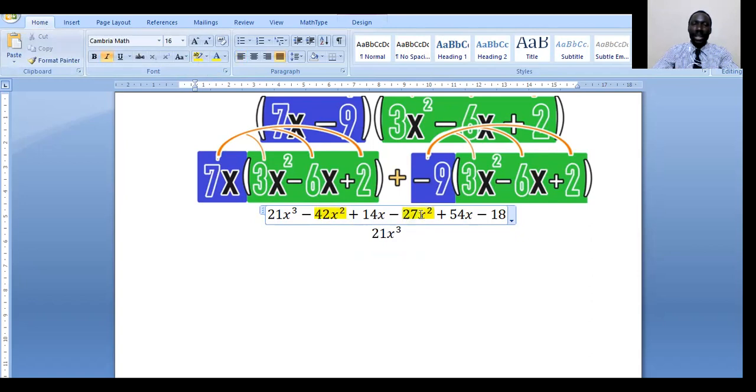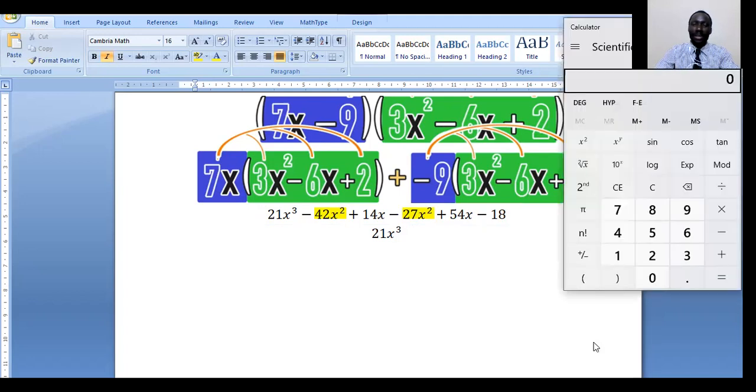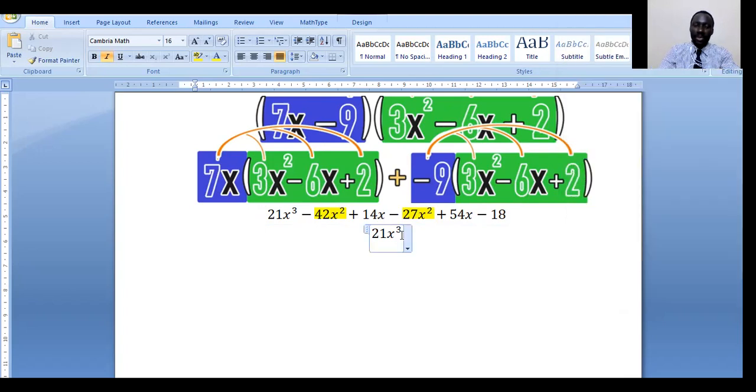What that means is we can add their coefficients. How do we do that? Well, we can be like 42, which is a negative value, okay? Minus 27. That gives us 69, so we'll be having minus 69x squared.